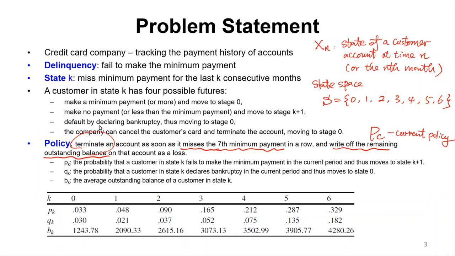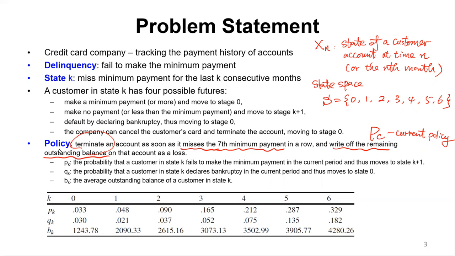They may default by declaring bankruptcy, and bankruptcy also moves this account to state 0. Or the company can cancel or terminate the customer's card and account, then moving to state 0.